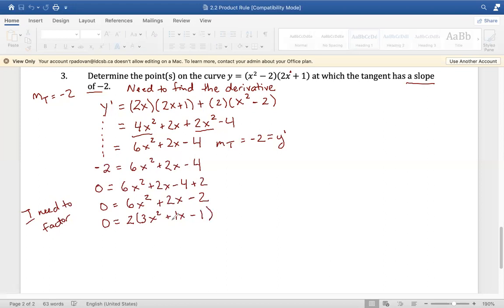So now I'm looking at the product and sum, two numbers that multiply to a times c. Don't worry about the 2, right? So -1 times 3, that multiply to -3 and add to 1. And the only things that multiply to 3 is 1 times 3. Whatever I do with that positive and negative sign, I'm not going to get a 1. So that means this, in terms of complex factoring, is unfactorable.